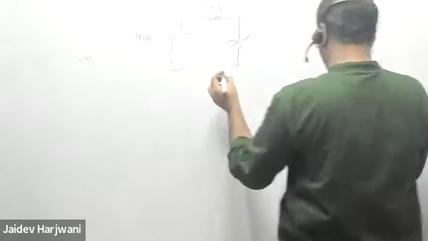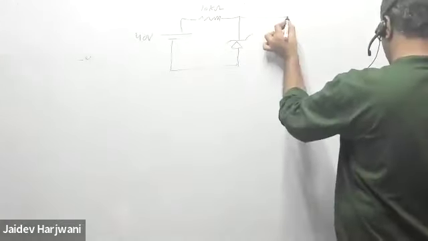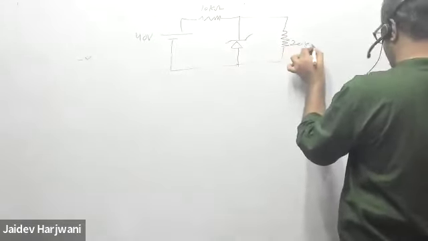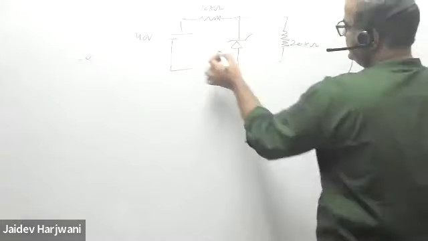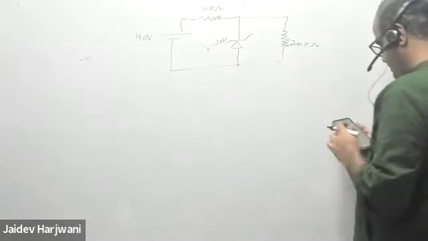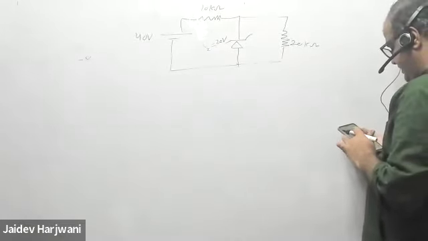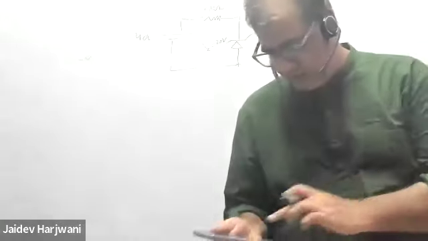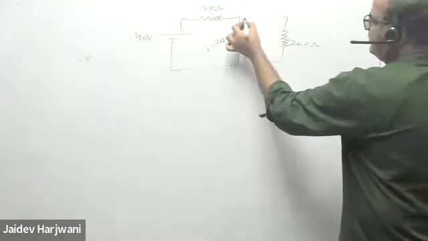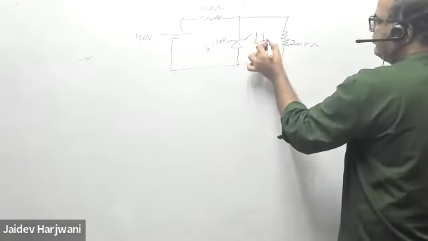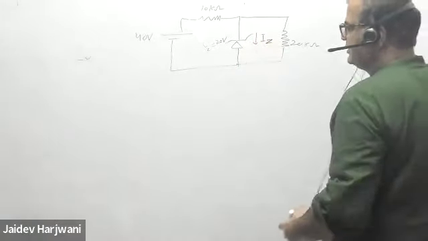This is a 40 volt, and here you have 20 kilo ohm, and the VZ is given as 20 volt. Find the IZ. So you have to find the value of IZ flowing in this.